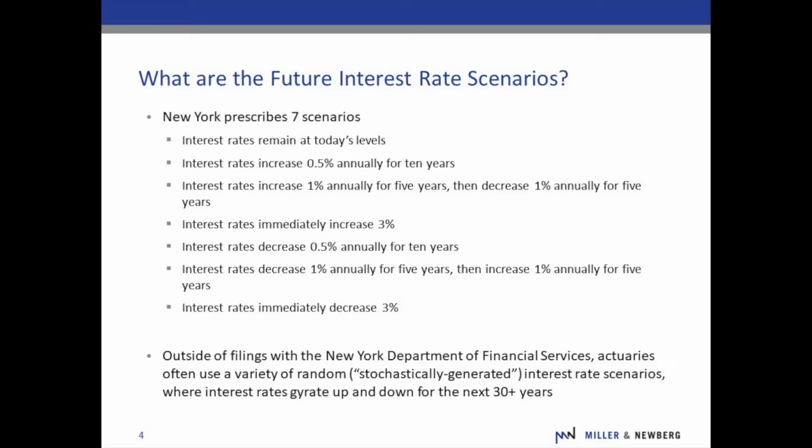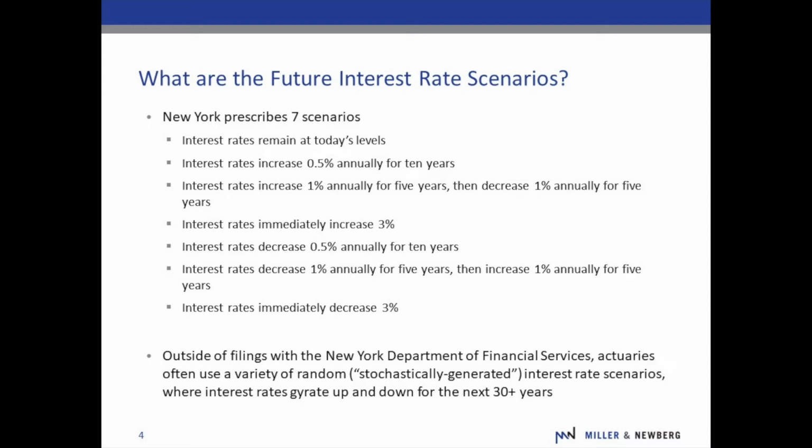So what actuaries will often do is they'll perhaps create some additional scenarios they made up, or they may use a variety of random, what's called stochastically generated interest rate scenarios, these 100 scenarios, for example, where interest rates, some of them go up, some of them go down, some just gyrate all over the place. And the point is that it helps to give maybe a little more scientific picture around the company's survivability.